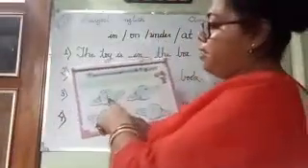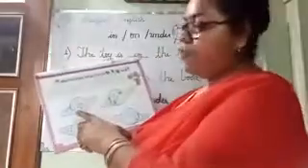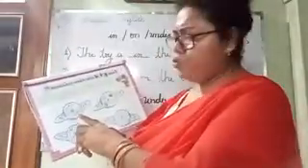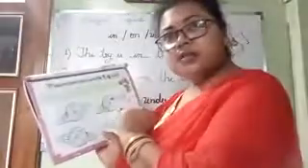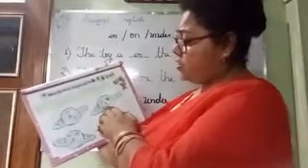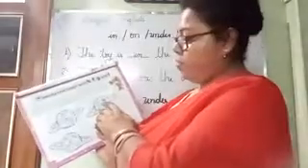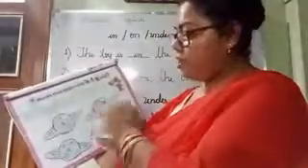Okay, B. B for bat, B for bed, B for bag, but B for dog, no, then cross it. And you have to color these three. Next, F for fox, F for fan, F for fish, but F for web, no, then you have to cross it.